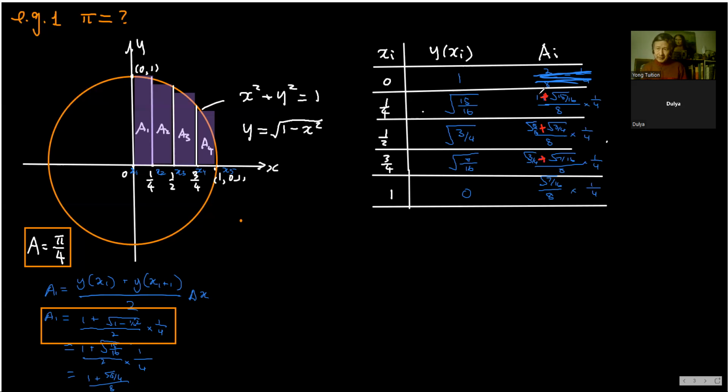Do you want to try again? Yeah. At least we can get 3.1, right? Or 3.2.